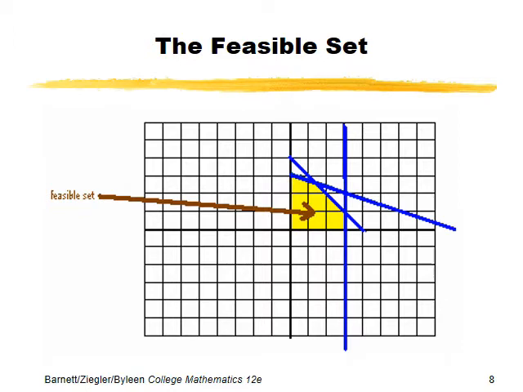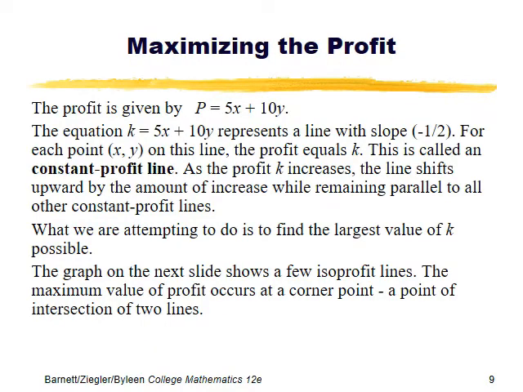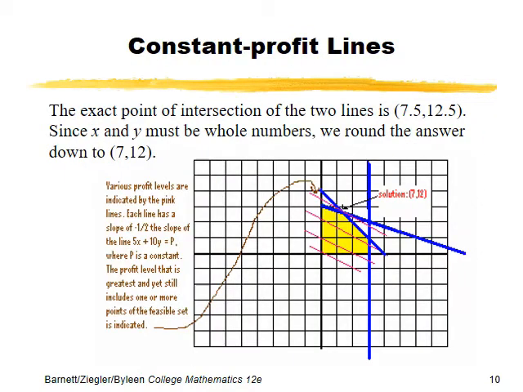So when you plot all those constraints on the same graph paper, it will look like this. And now, as I said, we have already discussed this part earlier, that we will round it down. We will make 7.5 to 7. We will not make 7.5 to 8.